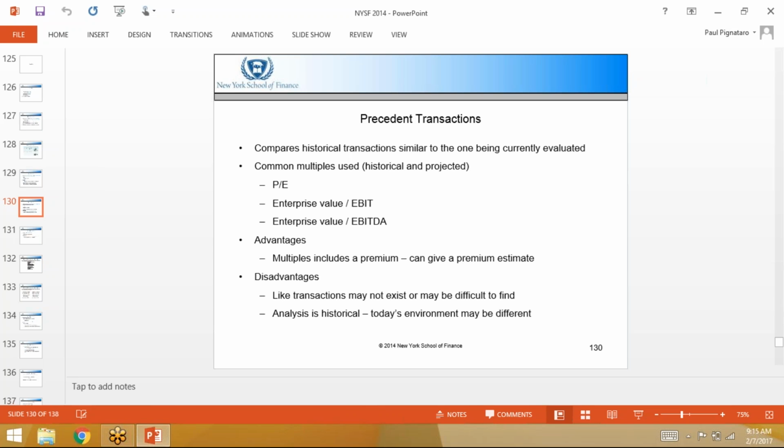An acquisition multiple or a purchase multiple is a multiple based on how a company is being acquired. In other words, it's the same formula, market value to EBIT, net income, or enterprise value to EBITDA.